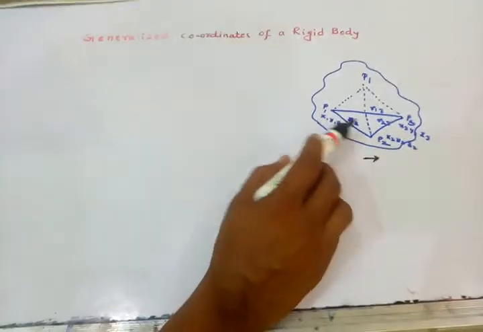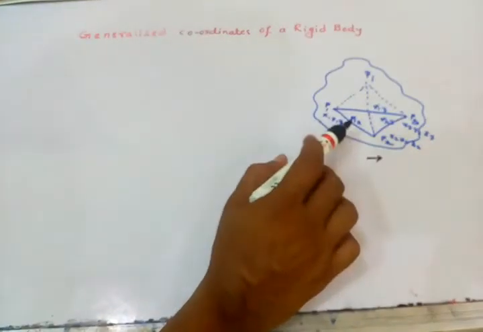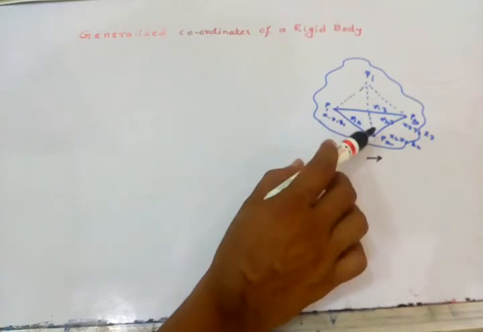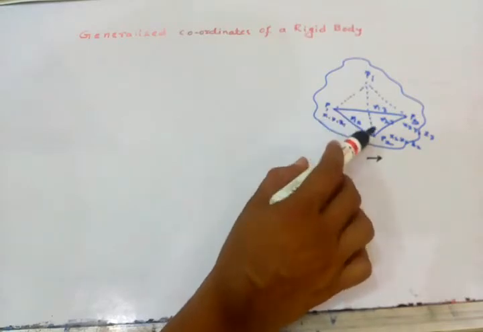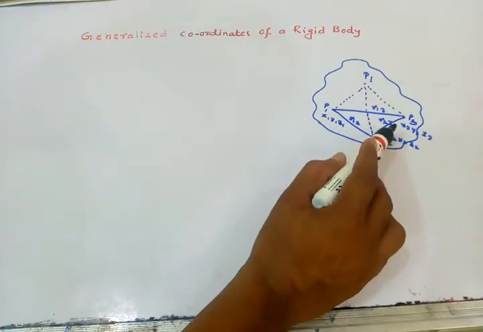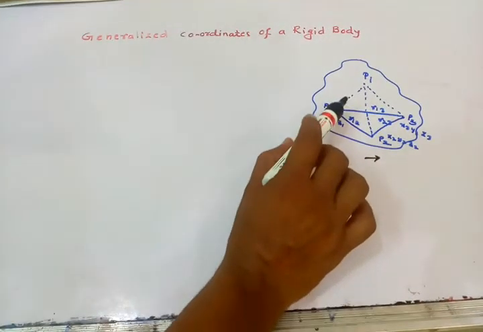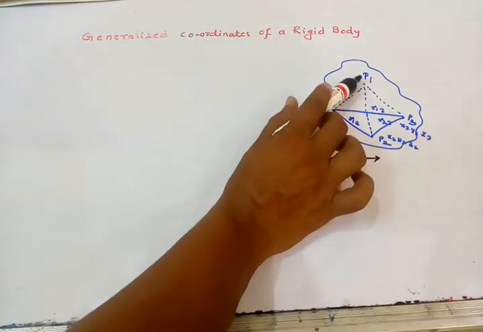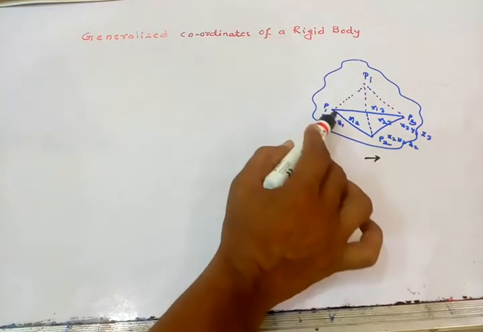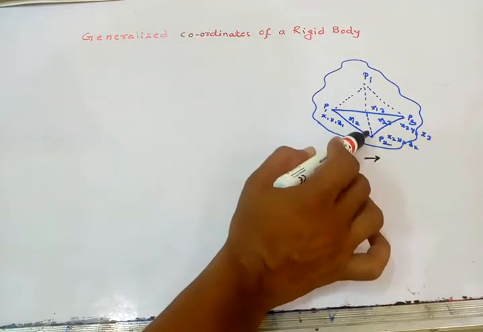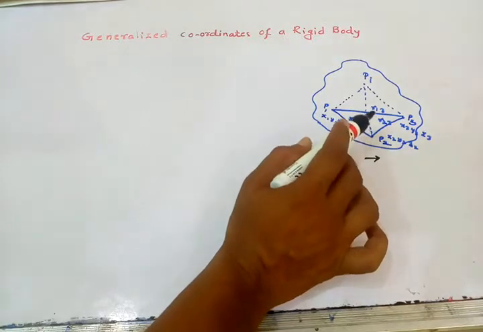See here, I have taken one rigid body. I have taken three particles here, P1, P2, P3. The distance between P1 and P2 is R12, then P2 and P3, R23, then P1 and P3, R13. Here Pi is the ith particle.